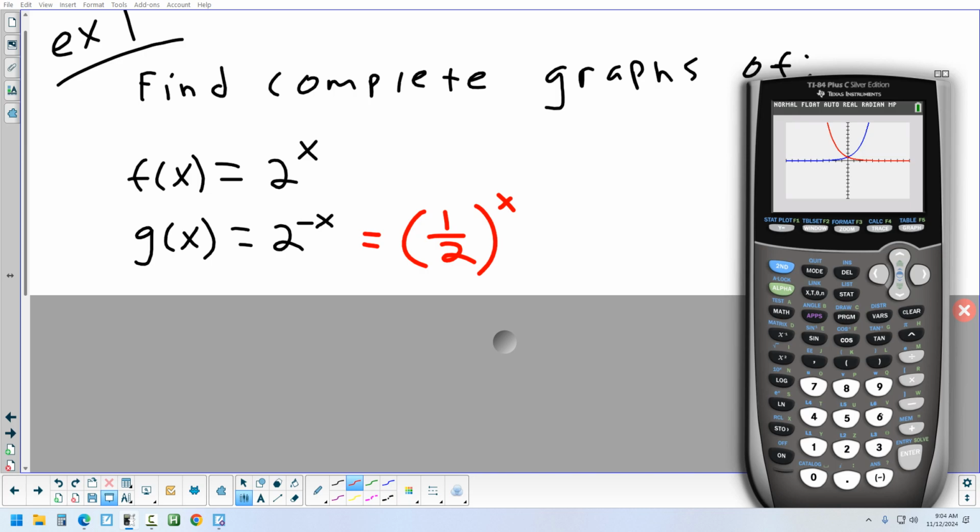Whenever you put a negative inside the exponent, that is a horizontal reflection. The exponent is going to be all the horizontal transformation stuff. Anything that's outside the exponent is going to be your vertical transformation, okay, when we get to that. All right, so let's put that up there.